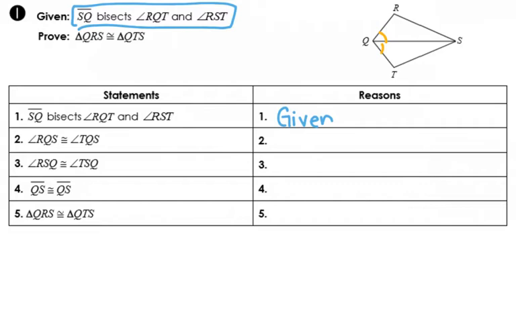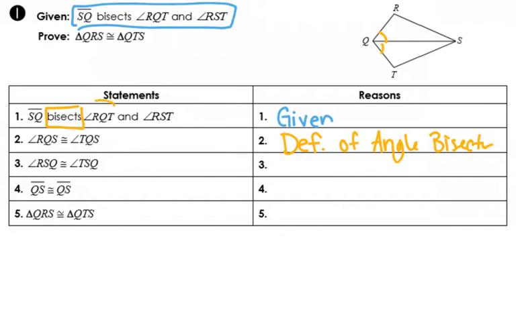So right here. Notice that we used one of our vocabulary words, and that was bisecting an angle. So I'm going to say this one is, well, let me say definition of angle bisector. And just to be lazy, I'm going to put DEF. So definition of angle bisector.